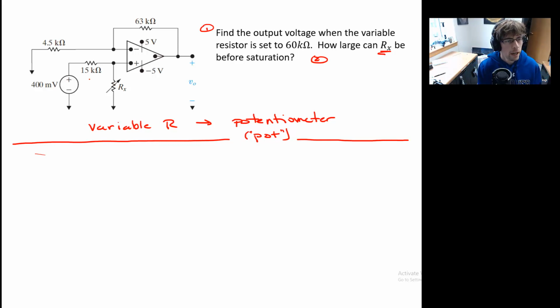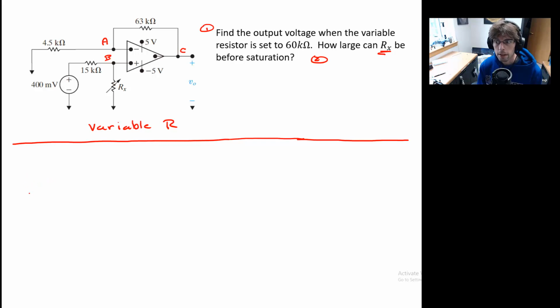So let's go ahead. I've got 3 nodes now. I've got node A right here, I'll call this one node B as in boy, and I'll call this output node C. Now, I'm going to run it in terms of variables here just so that we can get an idea about what this op amp circuit is actually going to do. Then later on we can actually solve it with the numbers.